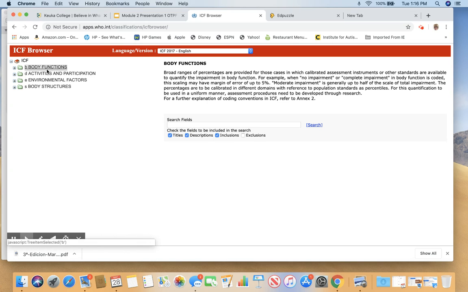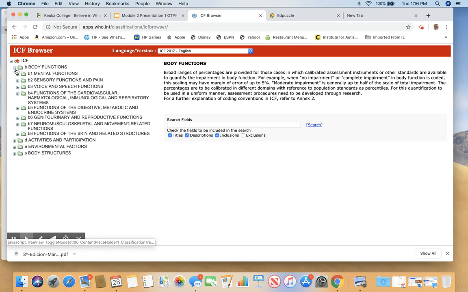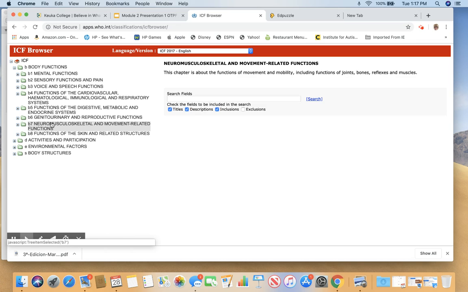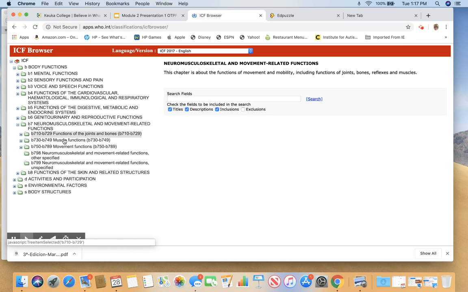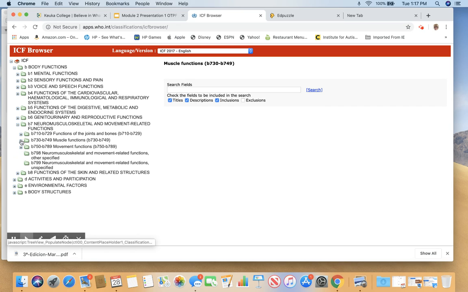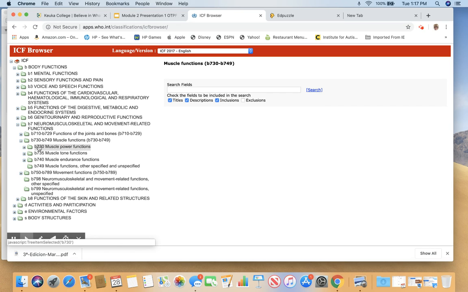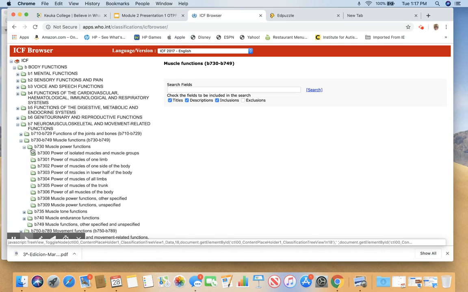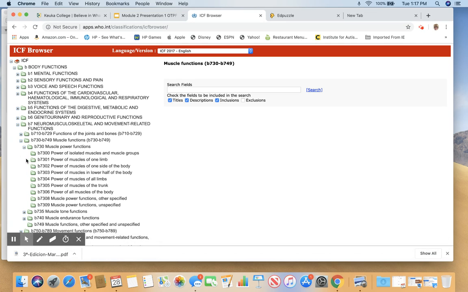Let's extend this out a little bit. We're going to talk about the function of, we'll say, neuromuscular and movement-related functions. I'm going to extend this out even more, and say I'm having muscle difficulties, and then specifically the area of motor function. We're going to have power of muscles of one limb.